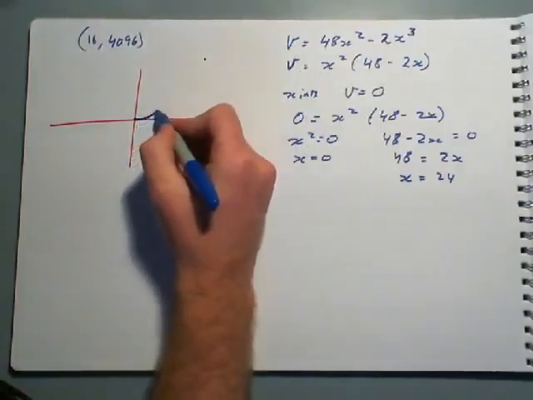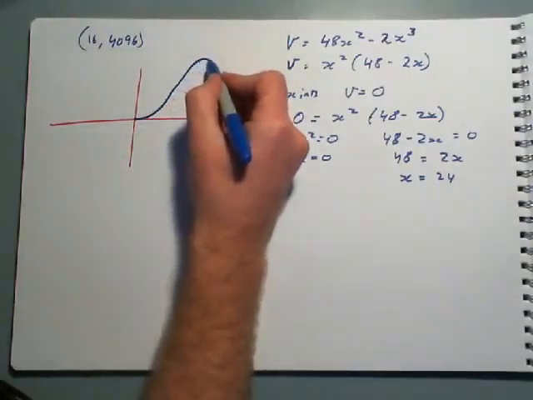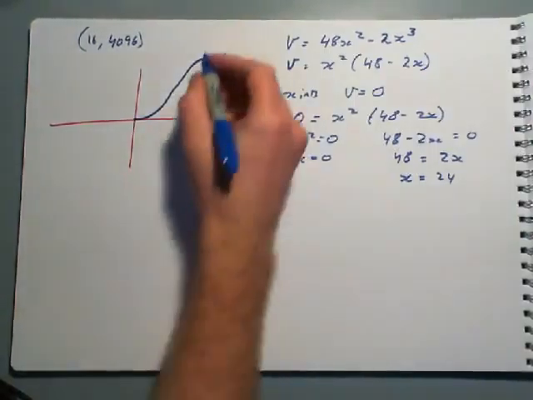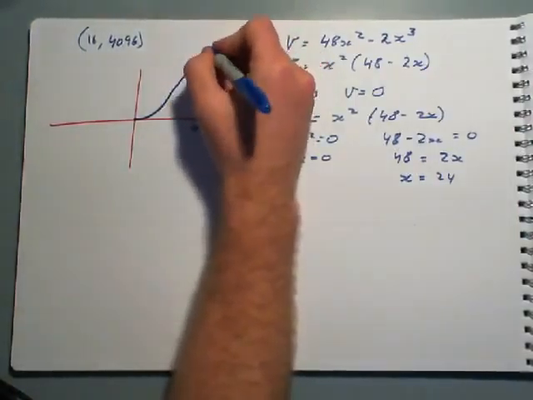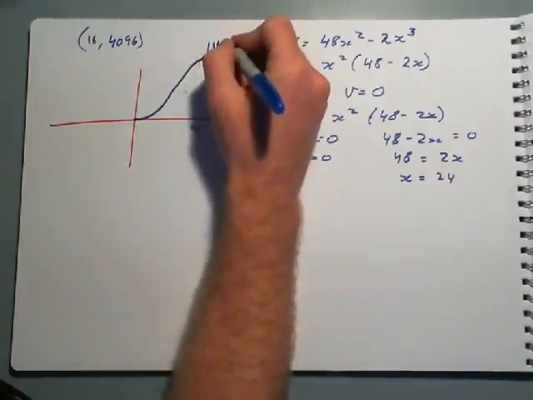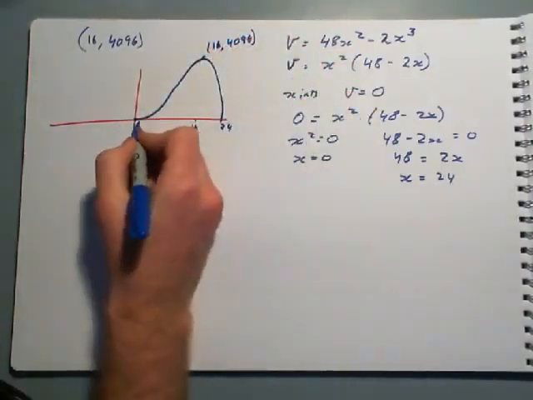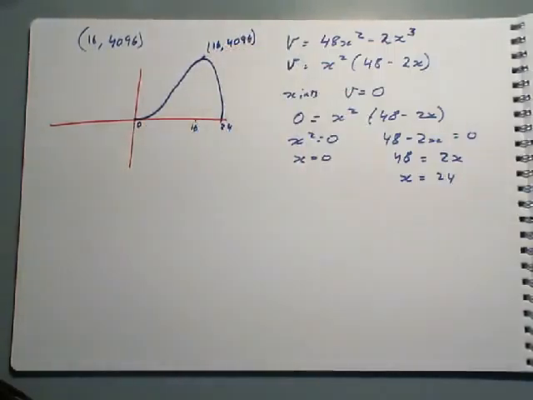So just connecting the dots, it's going to look like that, with our point up here as the turning point. This is 0 and 24. So that's part D.